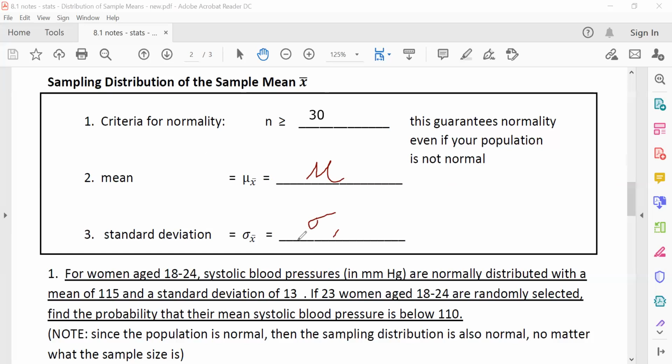The standard deviation is going to be the standard deviation of the population divided by the square root of n, where n is the sample size. So that's going to be our big revelation here. That's what it's all about.